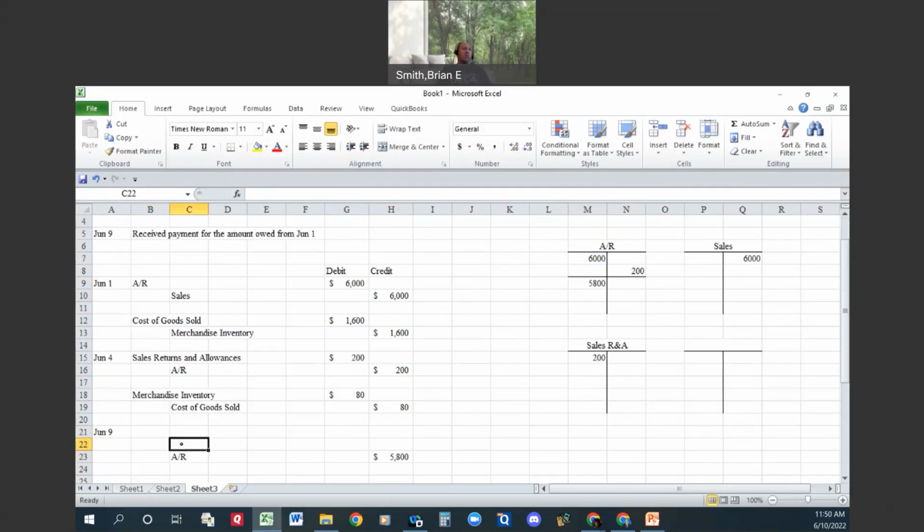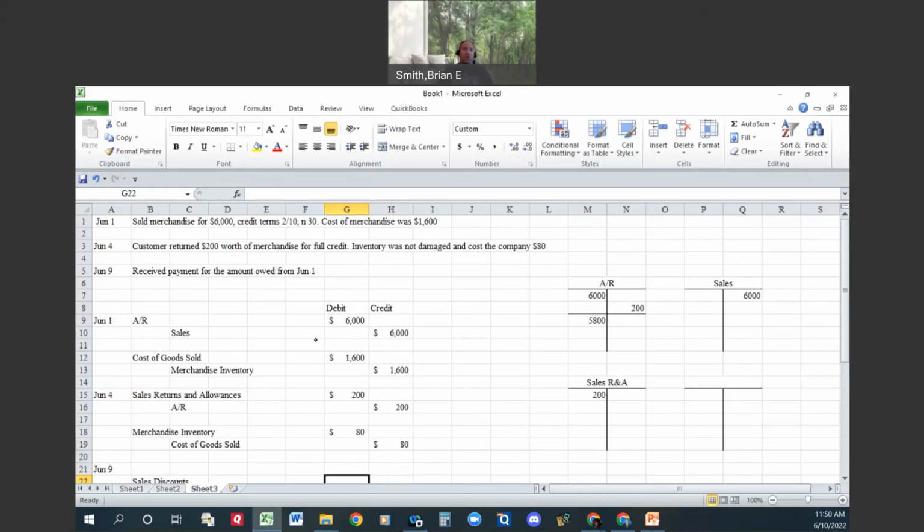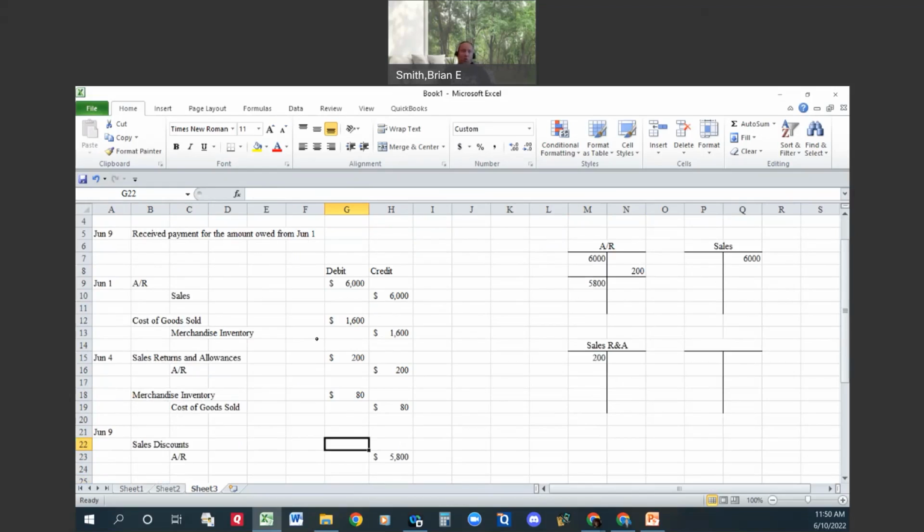We're going to go sales discounts. It's going to be 2% from our terms up here. It was 2/10 net 30. So we're going to take 2% and multiply it by what they owe us. Then we're going to receive cash in the amount of what they owe us times 0.98.